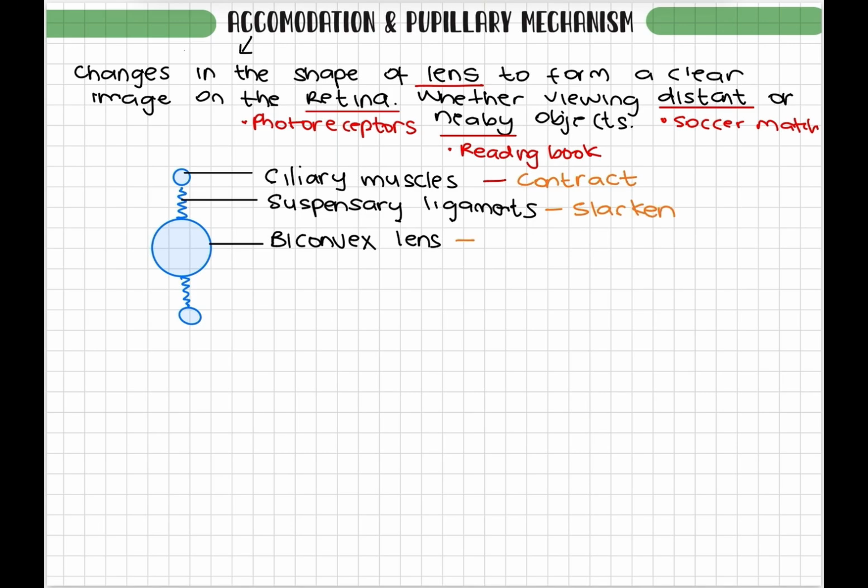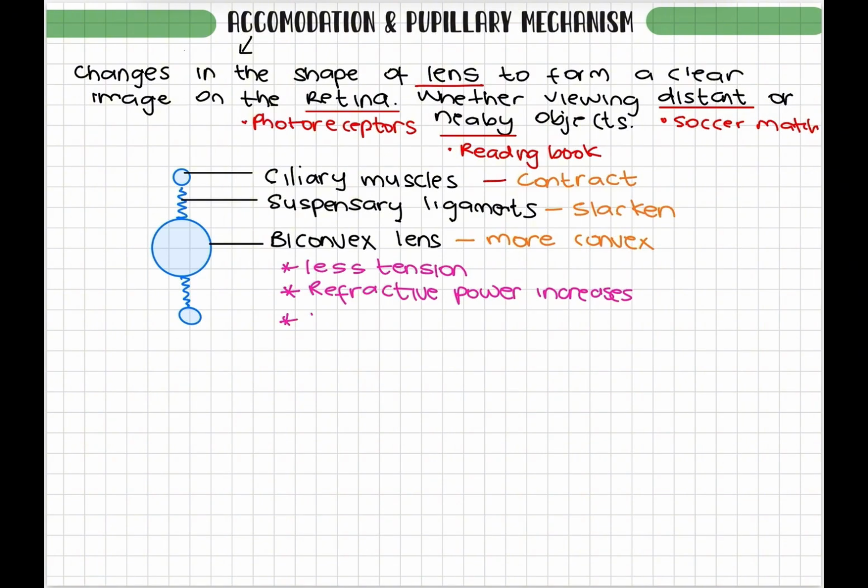So we're going to mention there that the biconvex lens becomes more convex. The reason why the biconvex lens becomes more convex is so that there is less tension on the lens, and therefore the refractive power of the lens is going to increase.